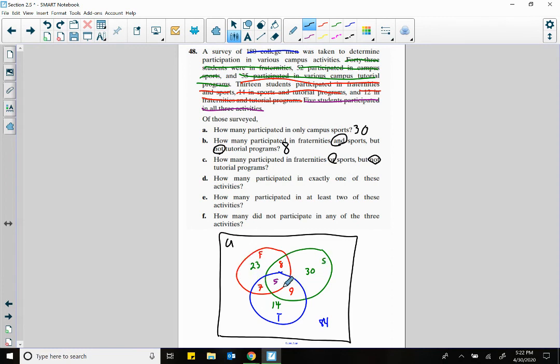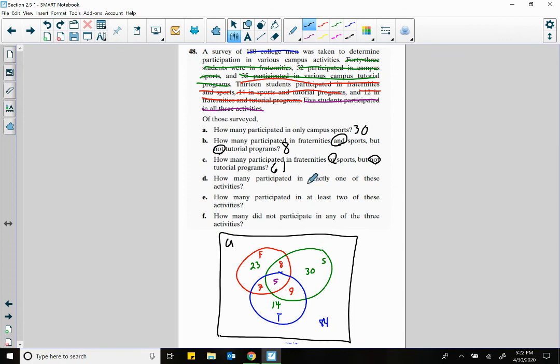And that's the 7, the 5, and the 9. So these numbers get thrown out. So in the end, all we have to do is add the 23, the 8, and the 30. Add up these 3 numbers right there. And that gives us 61. Okay?